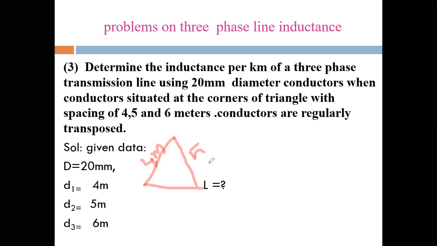In the previous problem we observed equal spacing between these triangular shaped conductors, 2 meters, 2 meters, 2 meters. But in this problem the conductors are displaced at distances of 4 meters, 5 meters, and 6 meters.